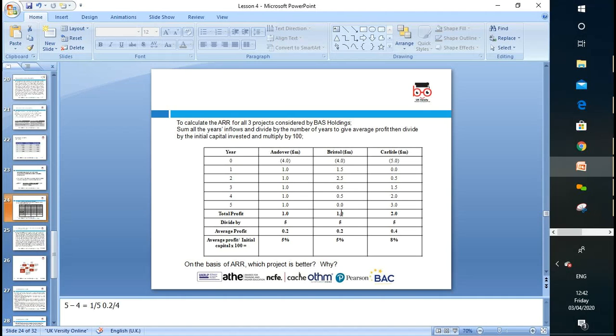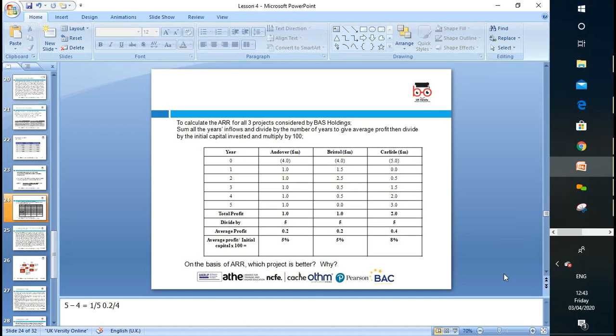So our average profit: I invested 4 million, I'm getting 5 million, so the difference is 1 million, my profit. 1 million divided by 5, I'm getting an average profit of 0.2. 0.2 divided by my initial investment of 4, times 100, I'm getting 5% from this project. This project is also 5%, and this project 8%.